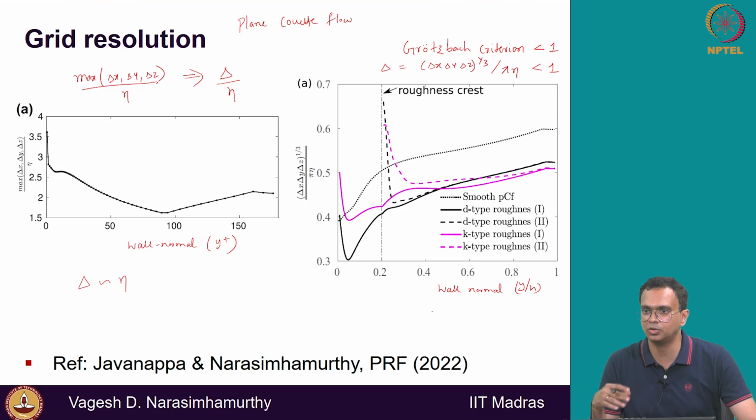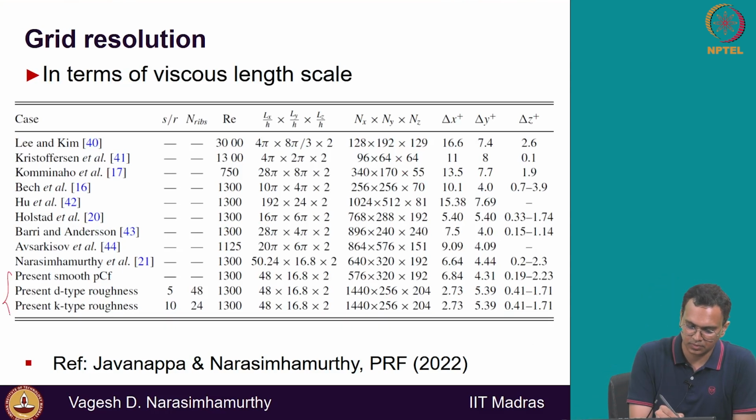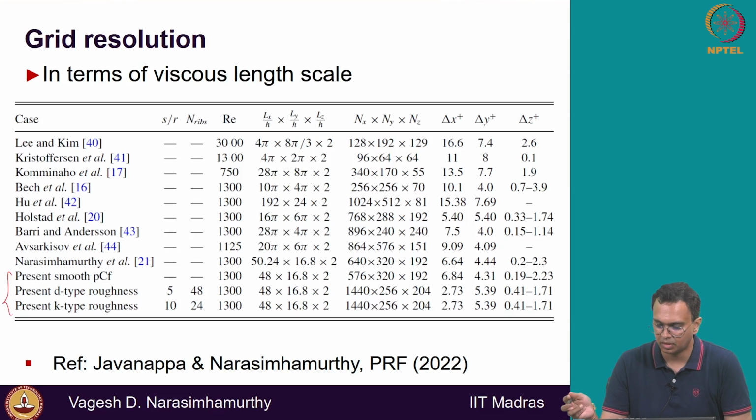For the same case, you can also compare with the viscous length scale, because this is a wall bounded turbulent flow, right? It's a plain turbulent Couette flow. So here I am comparing a large table where I am comparing our own data with some reference articles, and focus on the last 3 columns, delta x plus, delta y plus, delta z plus.